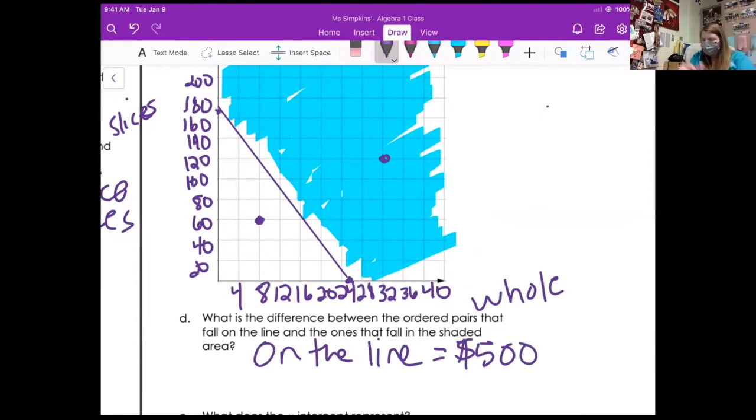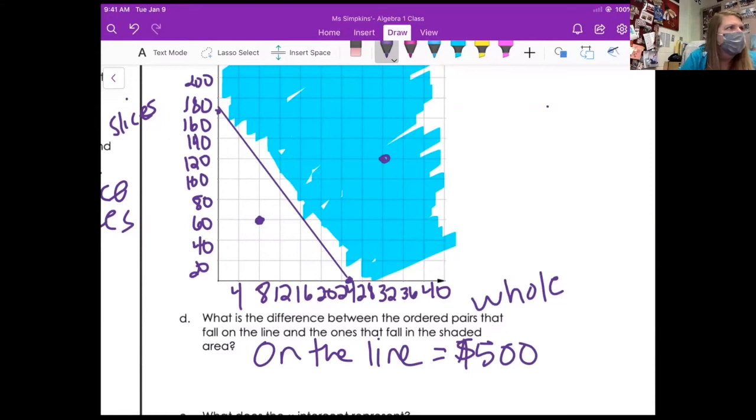What do you mean there's nothing on the line? There's lots of points on the line. Yeah, but I counted by 20s and 4s. So if I zoomed in, like if I put this in Desmos and zoomed in, there would be combinations that are exactly 500. Like 10 cakes and 30 slices? I think that would make 500.